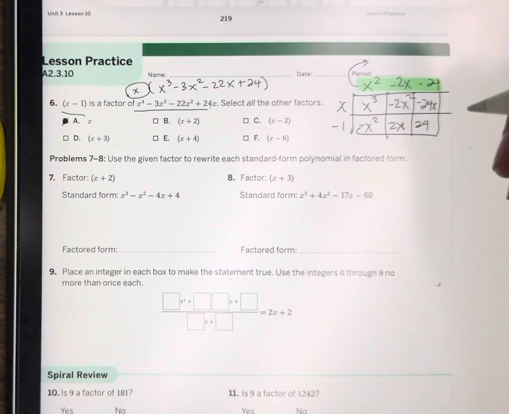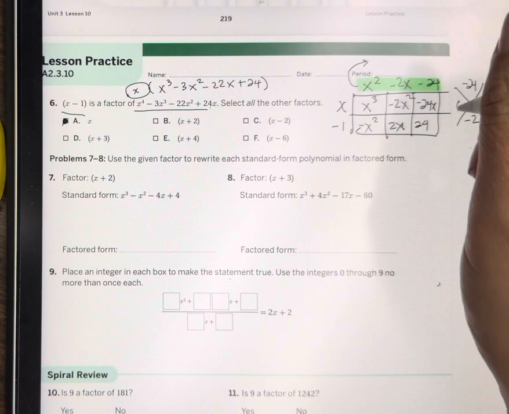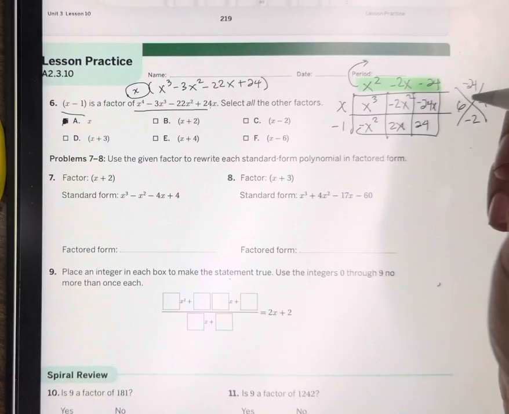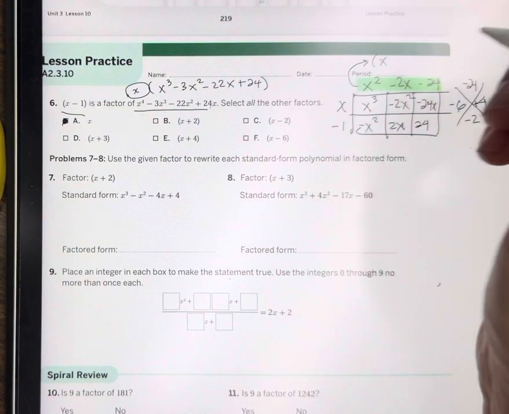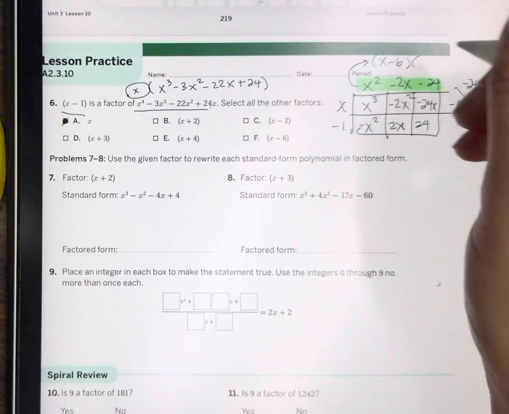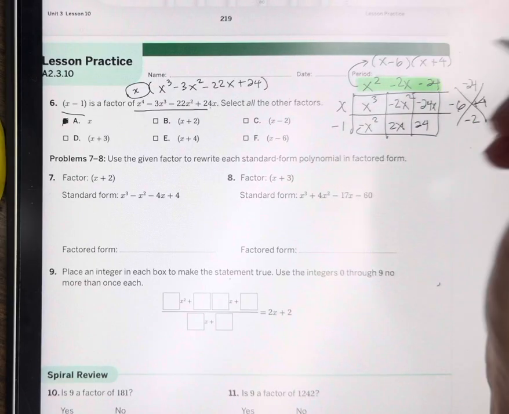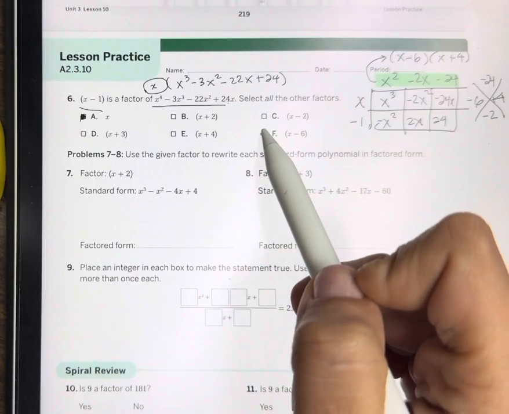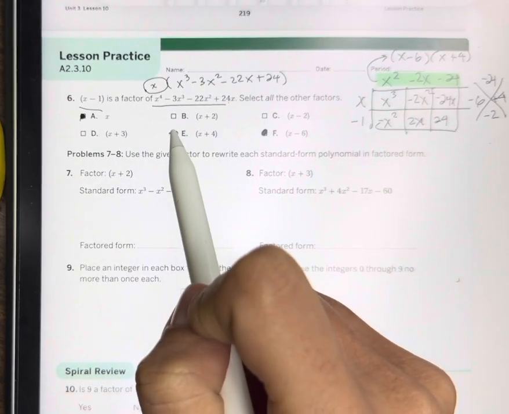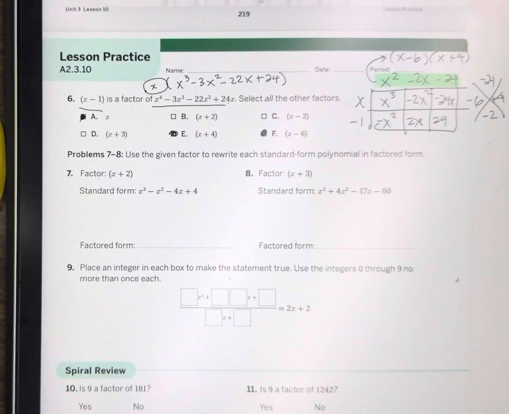It factors into whatever multiplies to negative 24 while also adding to negative 2. So that's my 6 and 4 with a negative 6 and a positive 4. So this also factors into x minus 6 and x plus 4. So coming over here, x minus 6 is a factor, x plus 4 is a factor, and nothing else.